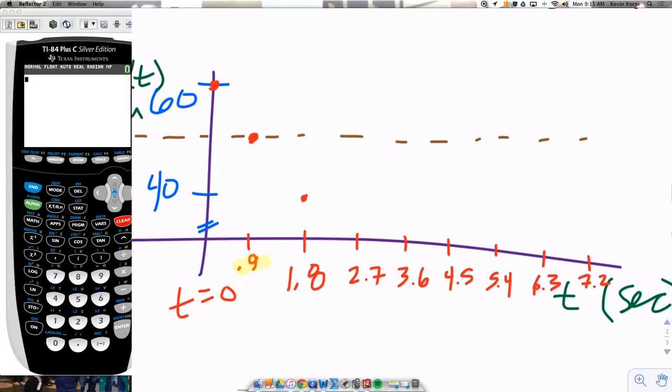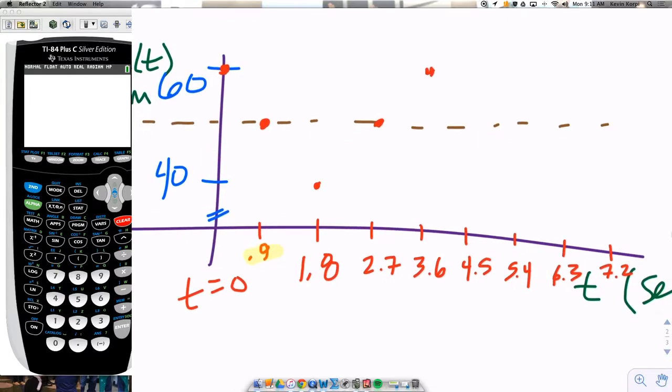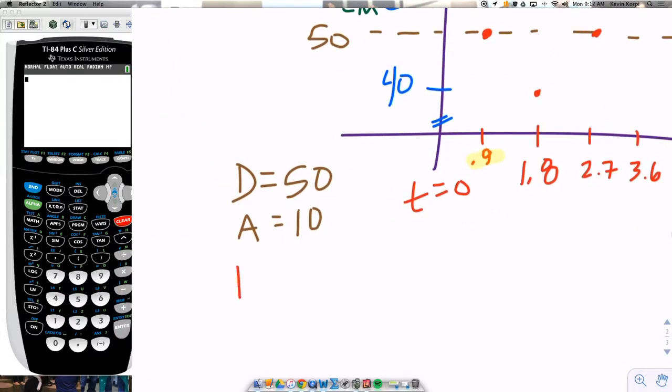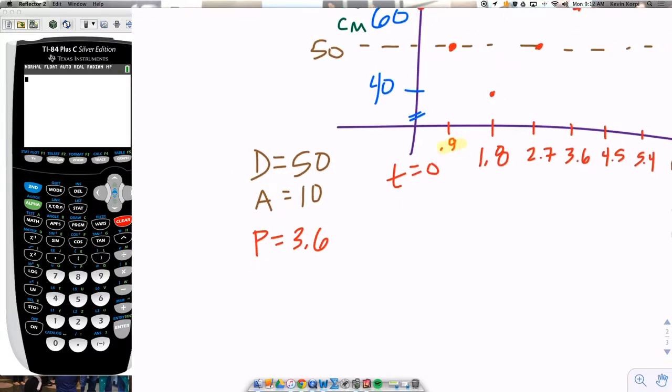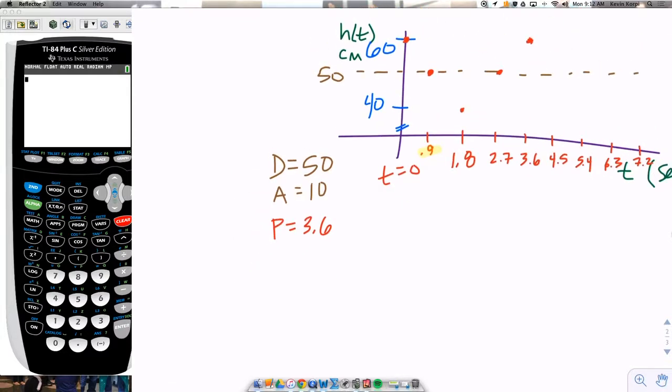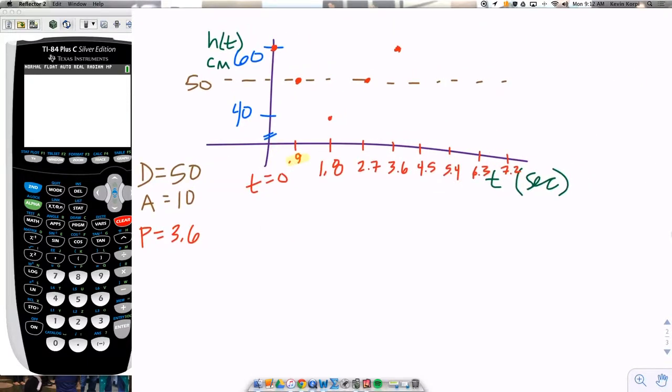And now we put the rest of the values. So there's low, 2.7 will be back on the axis. 3.6 is high. 3.6 is pretty important because it's the what? It returned to the high point for the first time. It's a full cycle, so it's the period. The period, remember, is the smallest value of time in this case for which the graph repeats itself, which would be 3.6.